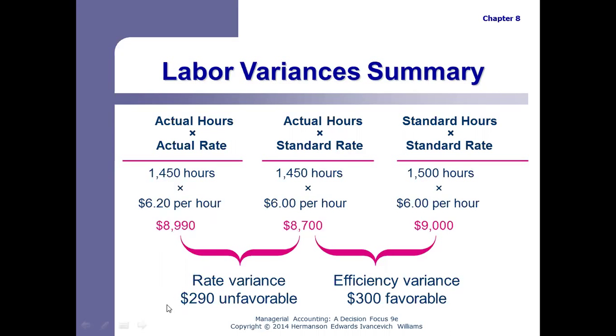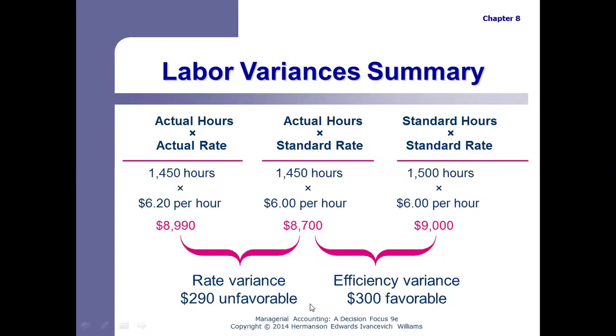And so just like using the formula method, a positive variance is an unfavorable variance. It's kind of counterintuitive a little bit. A positive is unfavorable, whereas the difference between the middle column and the rightmost column is a negative 300. Negative is a good thing for variance analysis. So that's a 300 favorable variance.